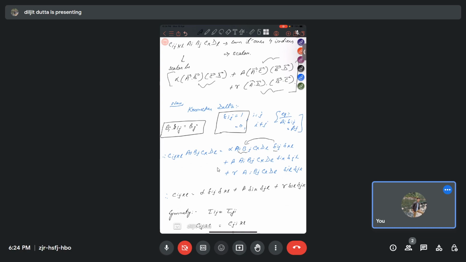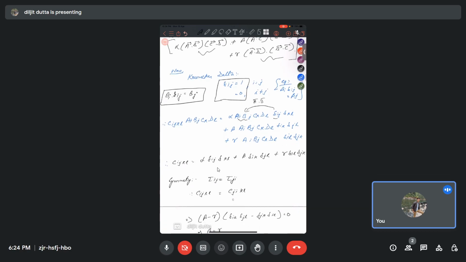If i is equal to j, then it will be a_i into b_i, so there will be a term. If i is not equal to j, then this term will go to 0. This is the property of the dot product, which I think you know till now, since we have read vector calculus. Similarly, we write c dot d as c_k d_l into delta kl.